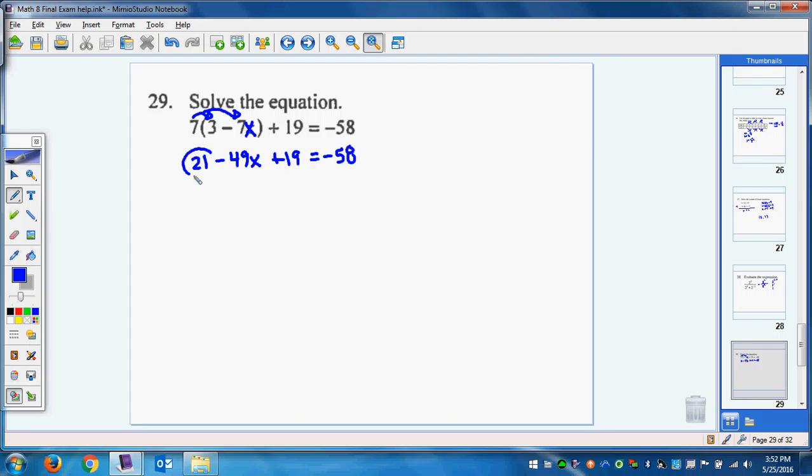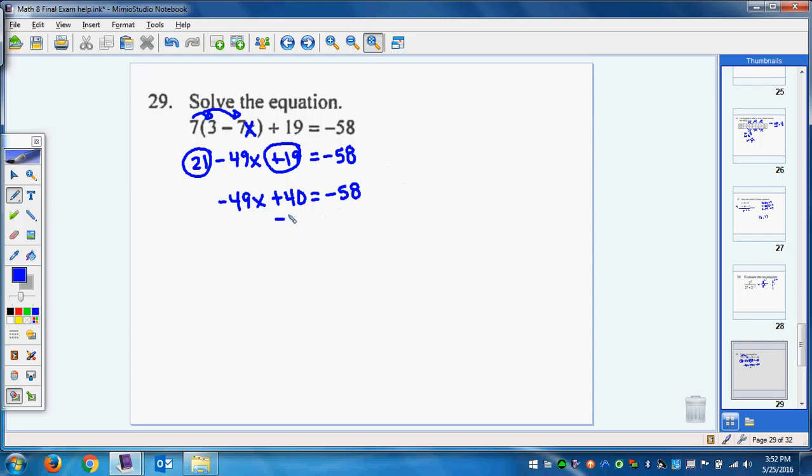We combine our like terms. So I've got a negative 49x plus, again, these are both positive, so I'll just add them together. It gives me a 40. If we can get it to this point here, a lot of you are perfect at this level.